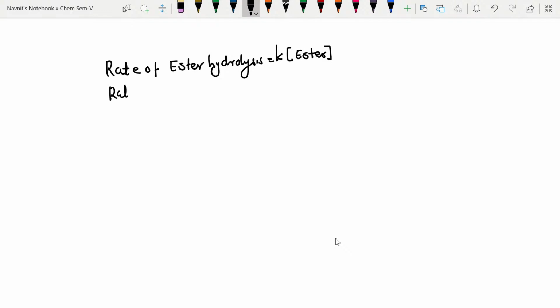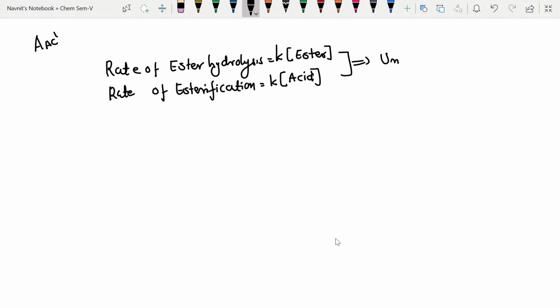Even the rate of esterification depends on the concentration of acid. So we are talking about AAC1. The rate determining step involves only one species, whether it is ester hydrolysis or esterification. That's why both these mechanisms follow unimolecular kinetics. Both are unimolecular reactions.